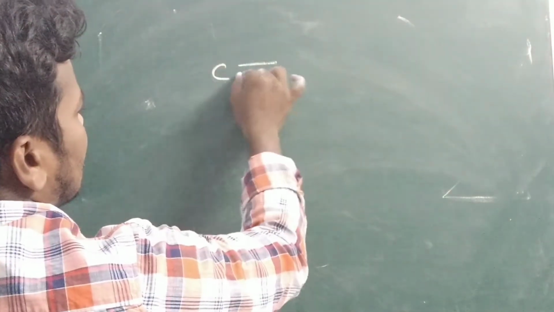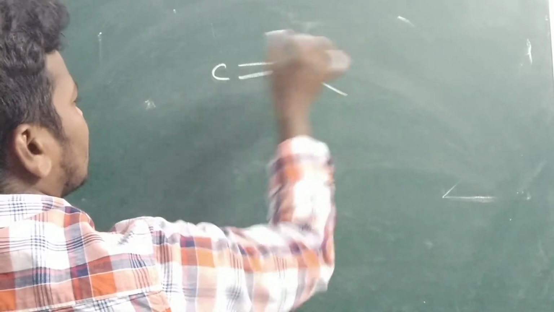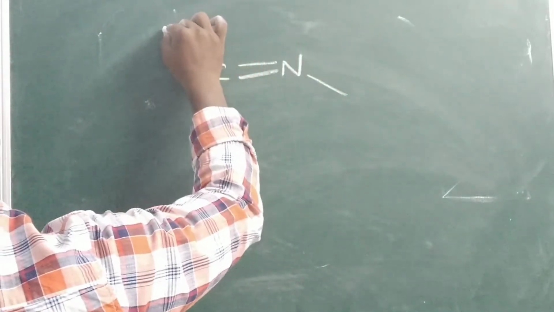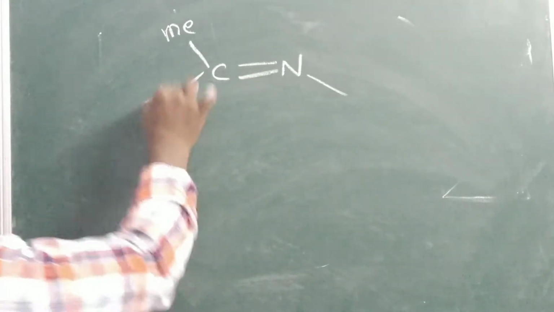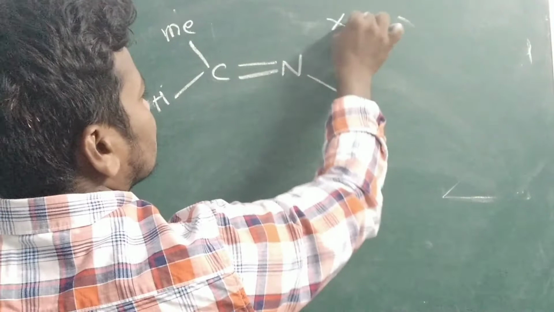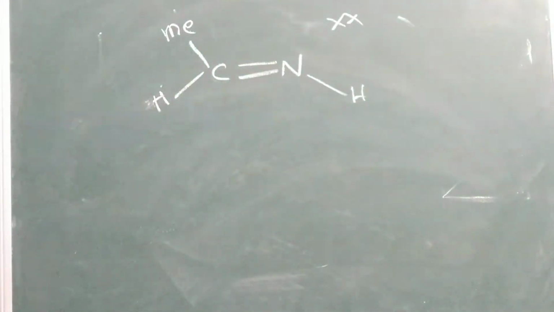So next example you can see: carbon double bond nitrogen. Here I am taking one methyl group, here I am taking hydrogen. Here is a lone pair.